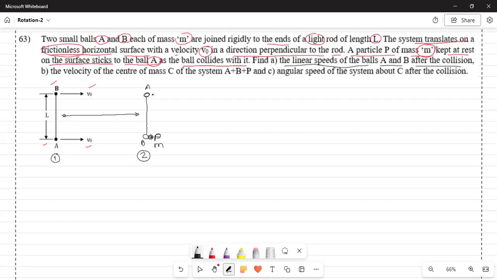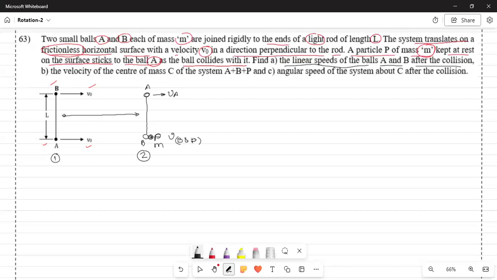Let us say, after sticking, the velocity of A is VA, and the combined velocity of B and P together is V. Now, solving this will not be difficult at all.